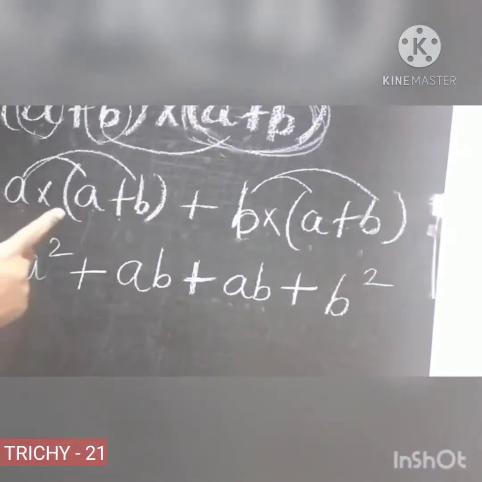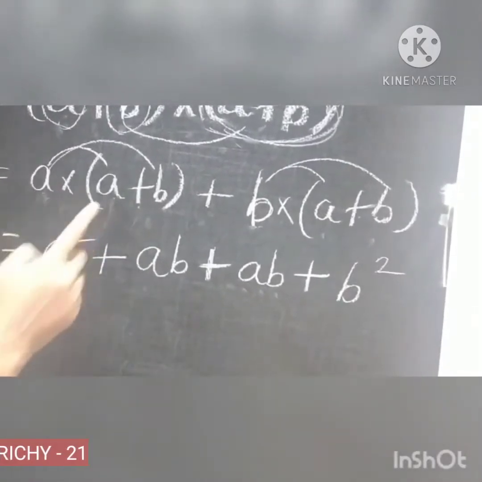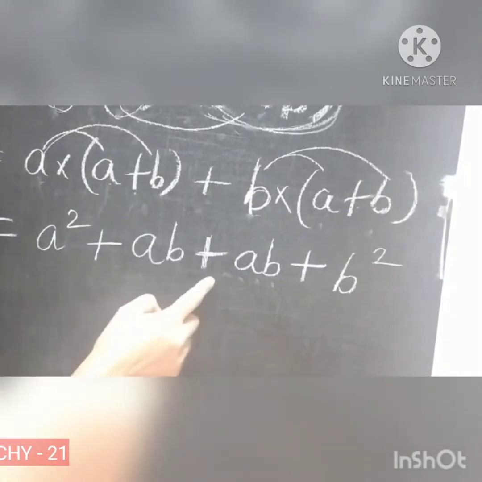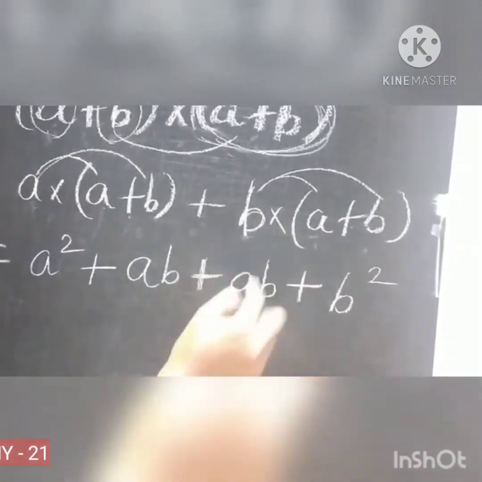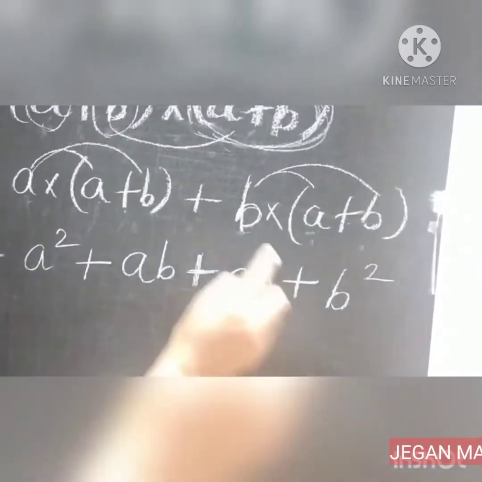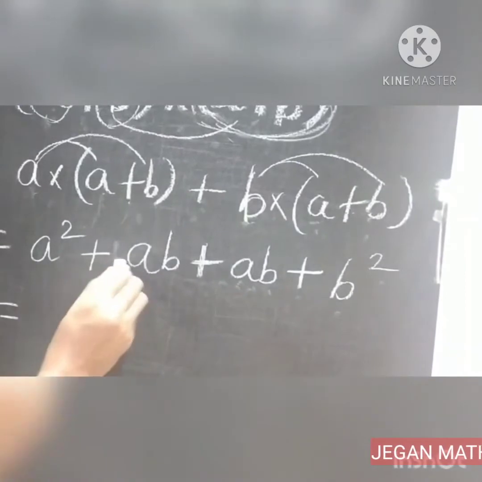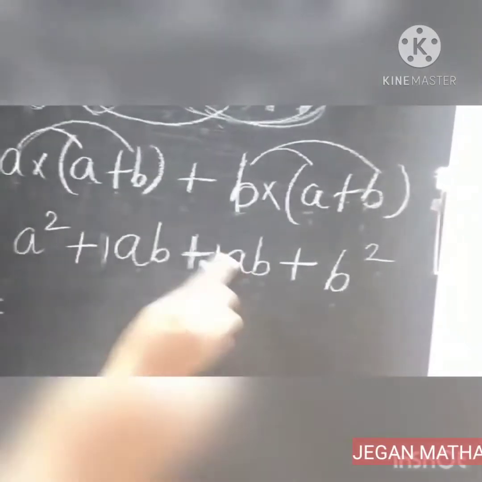So first outside the bracket is a, inside the bracket first one is a into a, a squared, plus a into b, ab, plus again b into a, ab or ba, anything you can write, plus b into b, b squared. Here there is no coefficient, which means 1ab, here also 1ab.